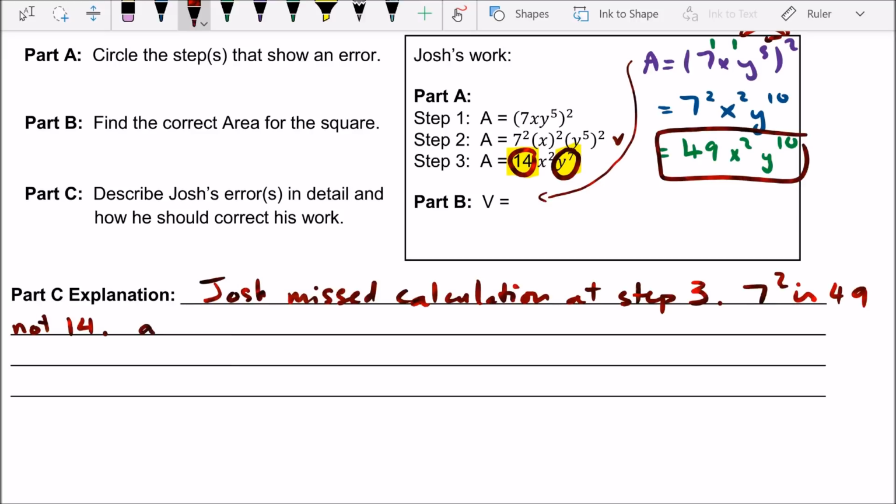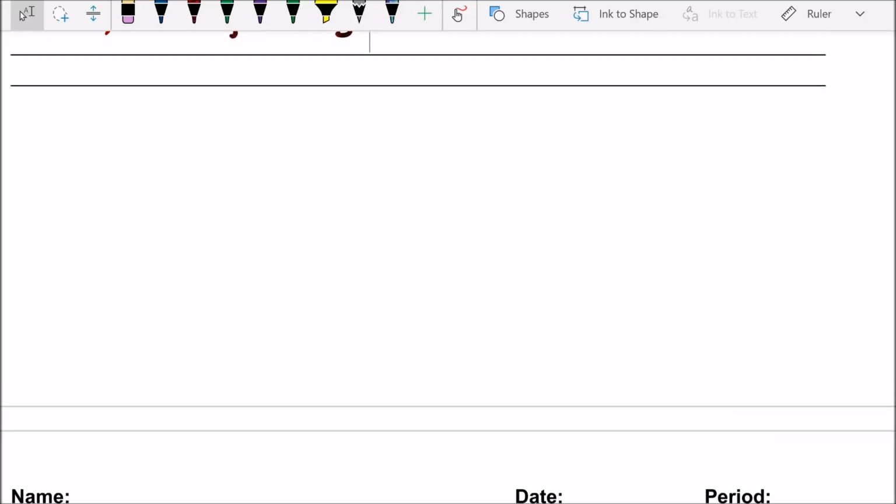And y to the 5th power raised to the 2nd power is y to the 10th power. And pretty much it. That's one possible answer for part C, so it's up to you. How do you see the problem and how do you explain it? That is the open question for you to write down your answer.